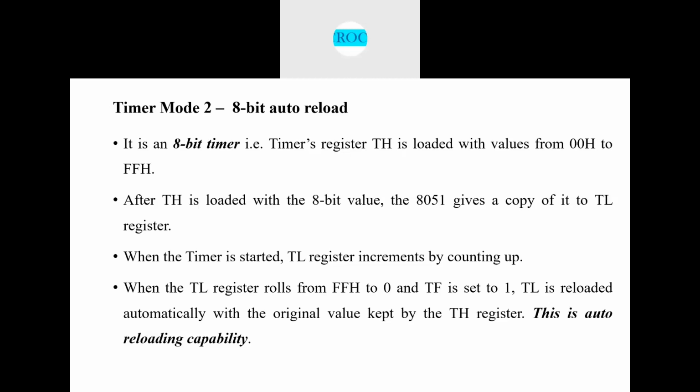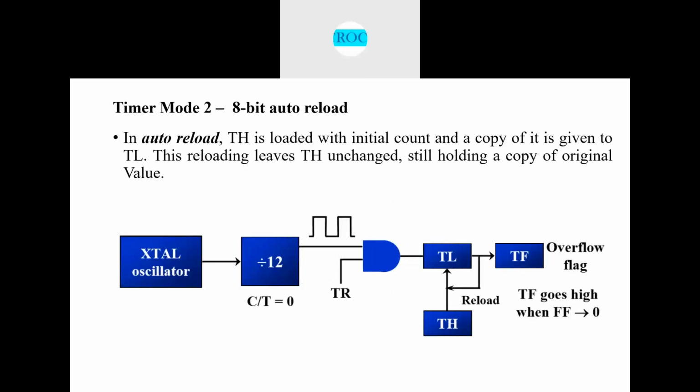But in mode 2, since it is an 8-bit counter, only the higher byte register is initialized with the initial count value. Whenever the lower byte register overflows and sets the overflow flag to 1, after the reset the TL register is reinitialized with the original value stored in the TH register. This we call auto reloading capability.